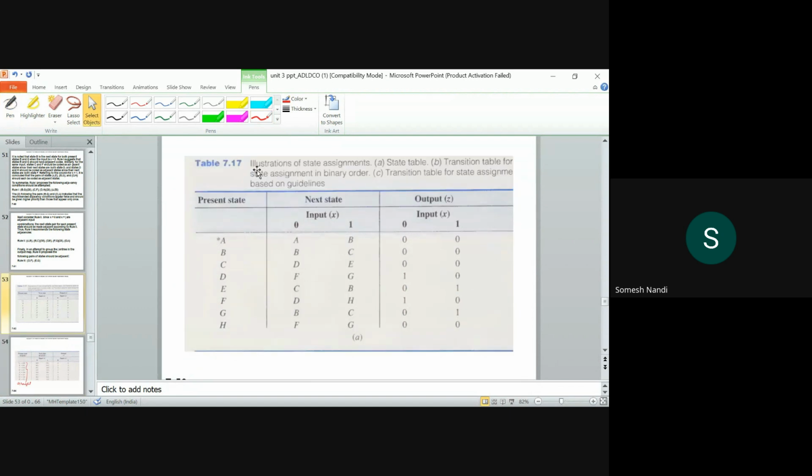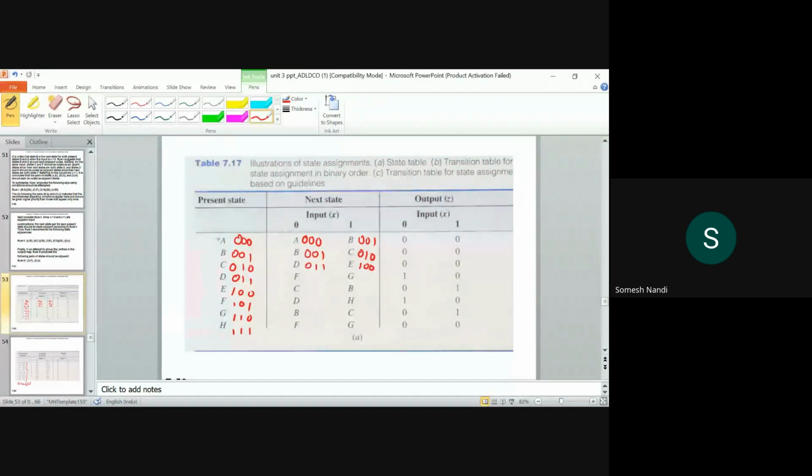That's all. Here, if you just see, A is 000, B is 001, C is 010, D is 011, E is 100, F is 101, G is 110, H is 111. Based on this, they have filled this. What is the next state? This will be 000, B is 001, this is 010, D is 011, E is 100.